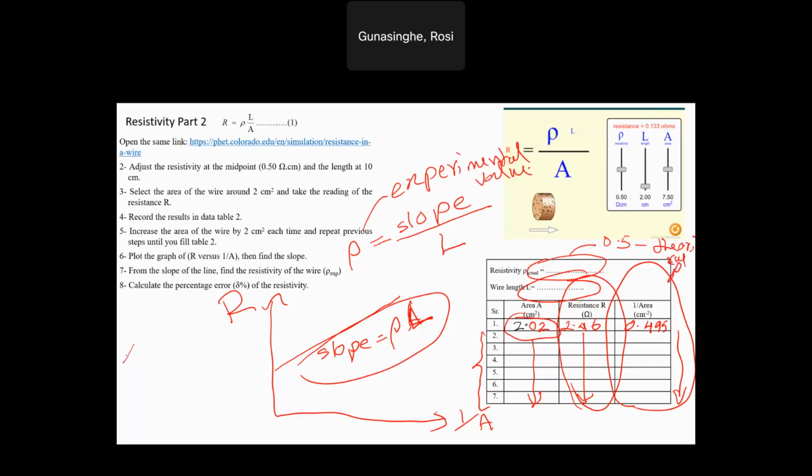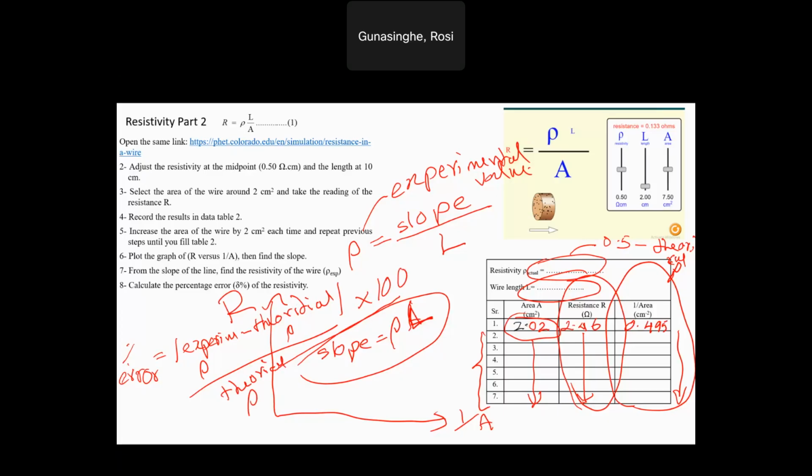By using the theoretical resistivity and the experimental resistivity, you can figure out the percent error. Percent error will be the absolute value of experimental resistivity minus theoretical resistivity, divided by theoretical resistivity, times 100. So those are the two things that you have to do in lab number 4.